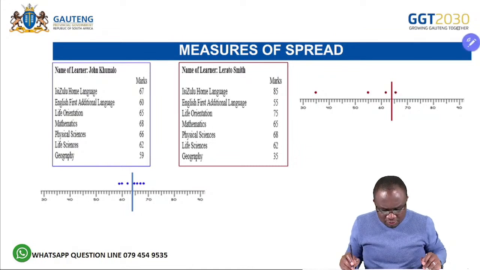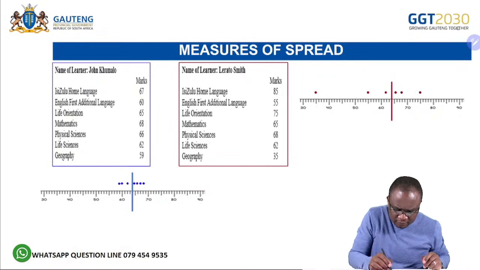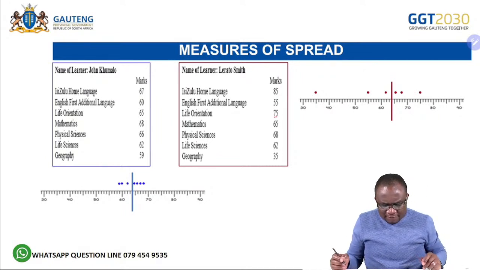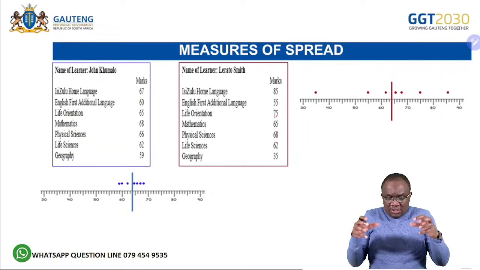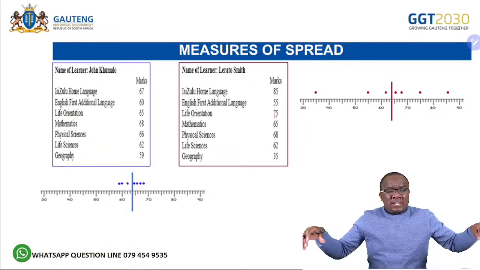After 62, there's 65%. After 65, there's 68%. After 68, there's 75%, and after 75, there's 85%. The dots here represent the marks for the other subjects.